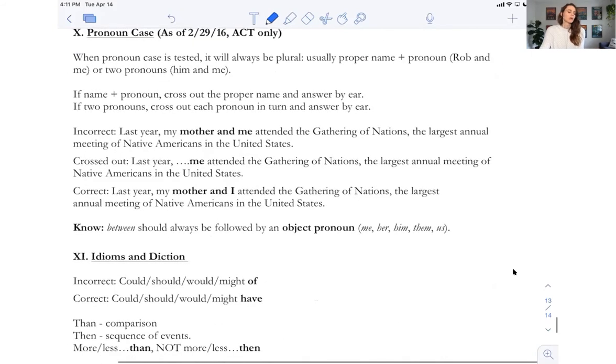Pronoun case, we already went over this a little bit. So if you are deciding between me and I, just eliminate the other part of the sentence. So last year, my mother and me, you could just say, me attended the gathering of nations. You would not say that, right? So you would just say, I attended.